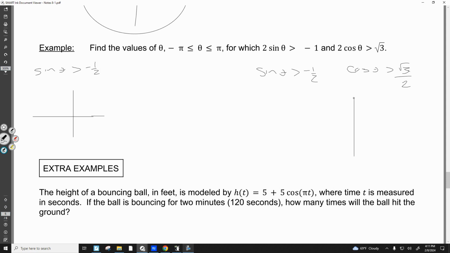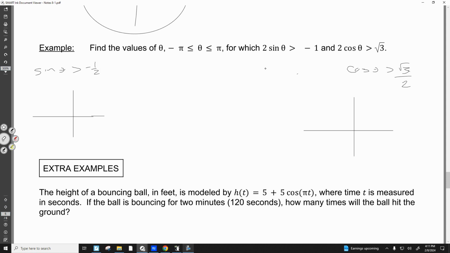Let's do the cosine bigger than root 3 over 2 over here. We're going to find when sine equals negative 1/2. Okay, opposite being negative 1/2.